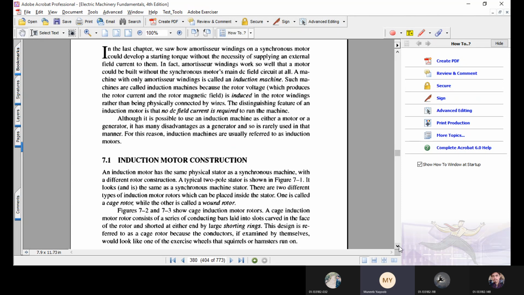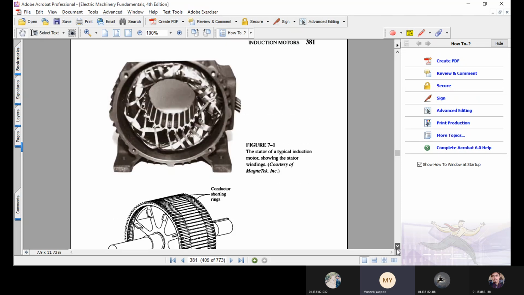In comparison, the wound rotor induction motor can work at variable speed, produce variable torque, and work at variable field currents. So this is a small comparison between the two types of the motor.